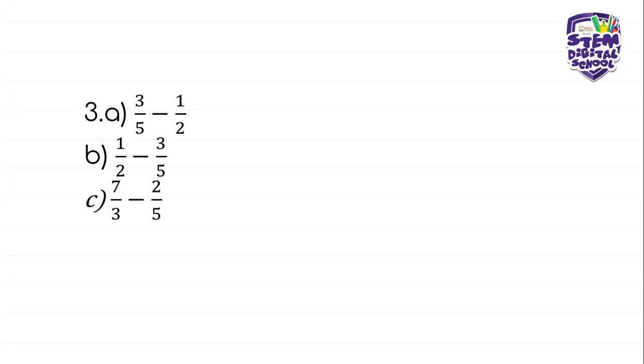You will see that 5 times 7 is 35, and then of course 5 times 3 is 15. The other one, 2 times 3 is 6, and then that is 6/15.